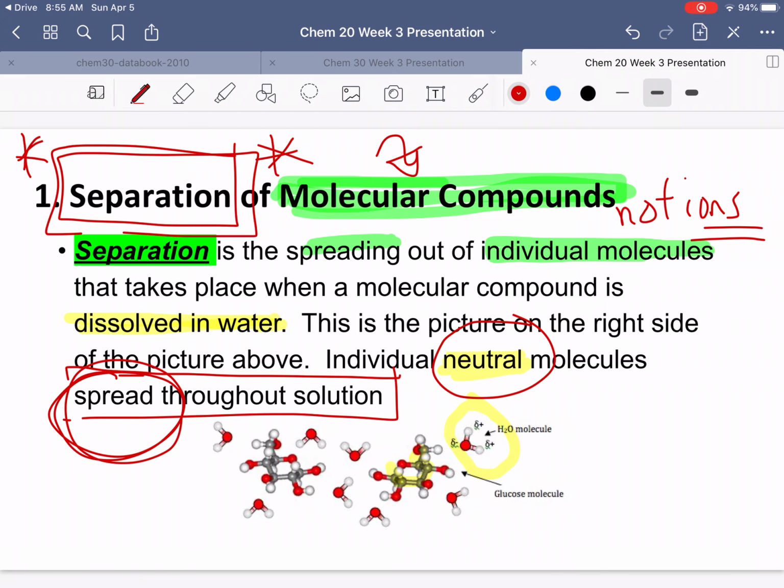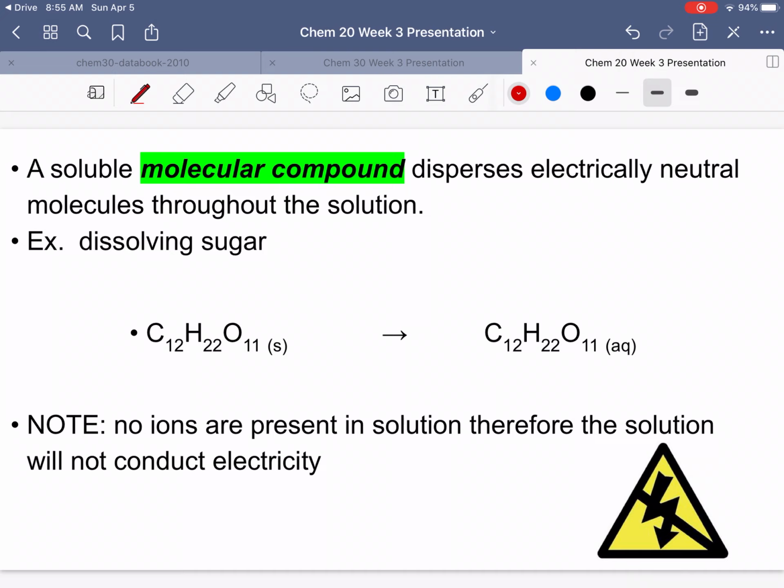Make sure that you relate it to molecular compounds and how they dissolve. I'll give you an example. Check this one out. If we take dissolving sugar, and specifically this is the chemical formula for a sugar called sucrose, we start out where the sucrose is solid. Ultimately, all that's happening is we're going to add some water.